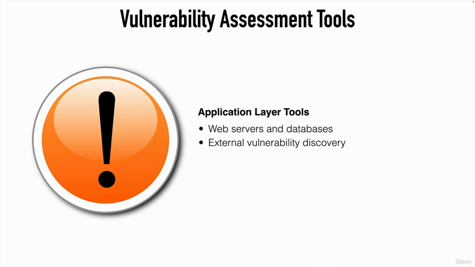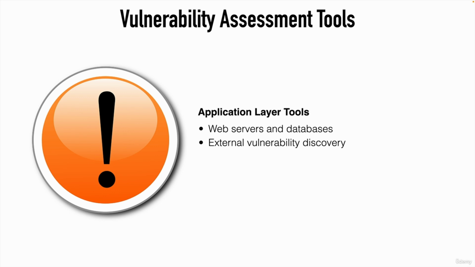With web servers and databases, we are looking for what we refer to as external vulnerabilities. This means that a vulnerability can be exploited externally from somewhere other than the local network. In other words, these vulnerabilities could be exploited by others through internet access to the web server.